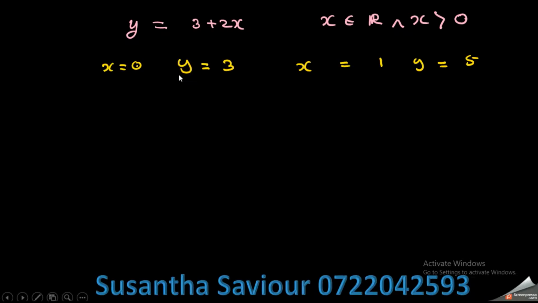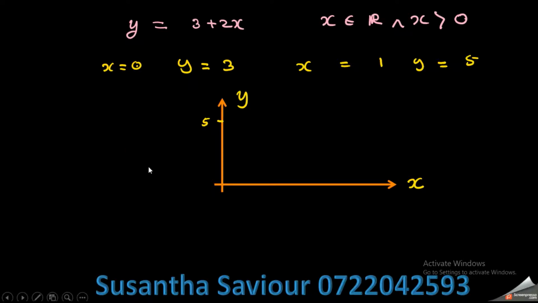So now you take this example. We will take x equals 0, y is equal to 3. X equals 1, y is equal to 5. This is x and y.